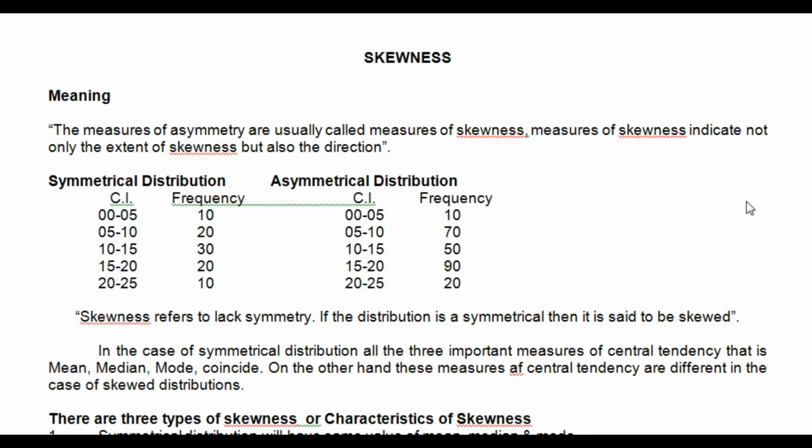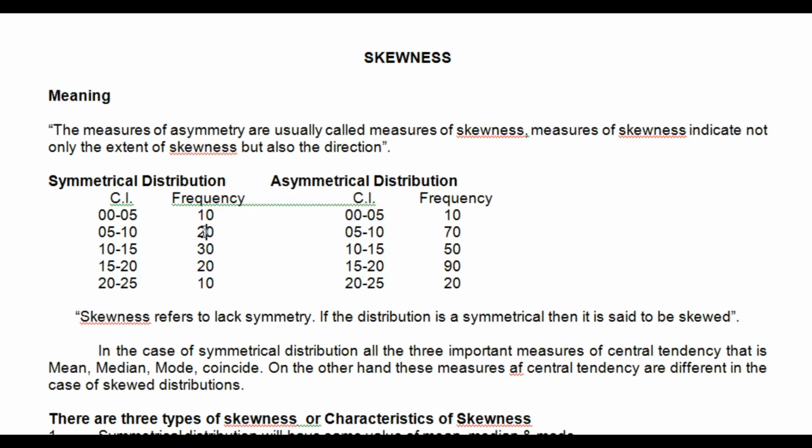What is skewness? Asymmetry: the variables and frequencies are not plotted in an orderly way. If you see these two examples, the first example is symmetrical and this example is asymmetrical. If you see here 10, 20, 30, the number increases up to 30, and after that the value decreases.